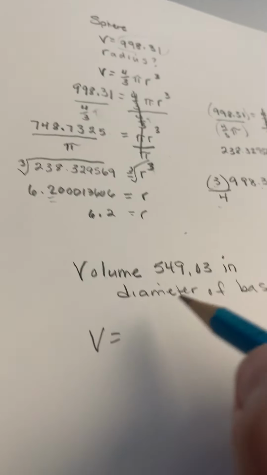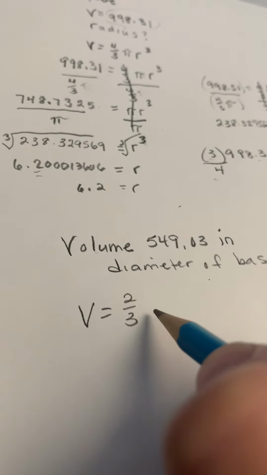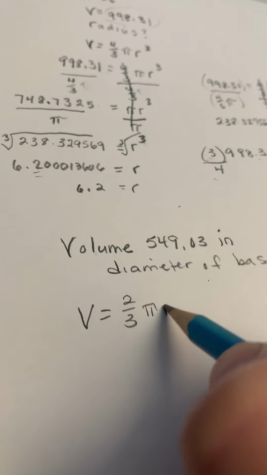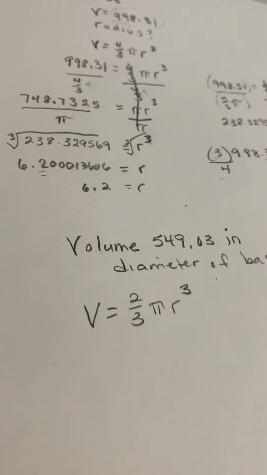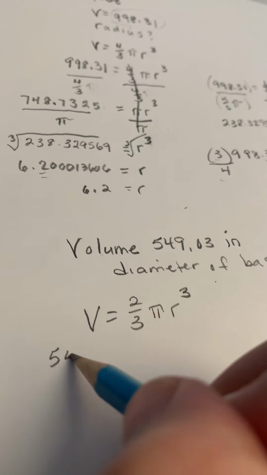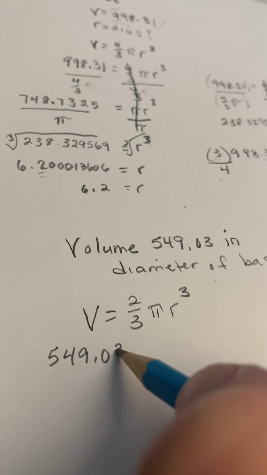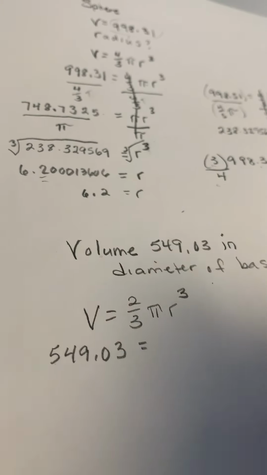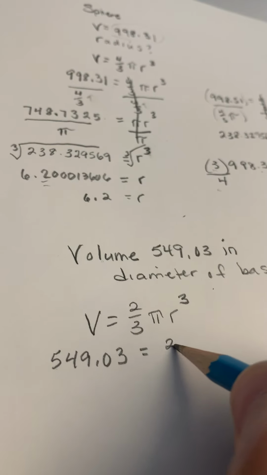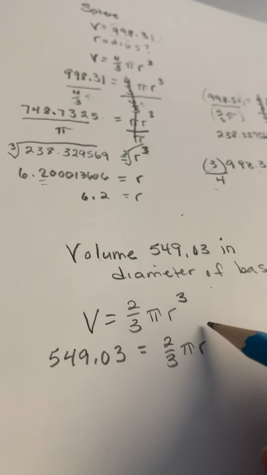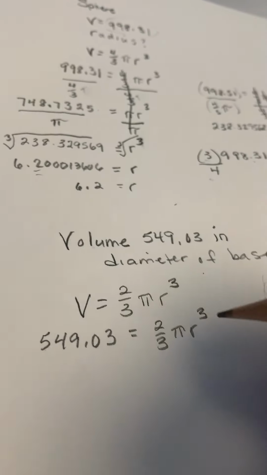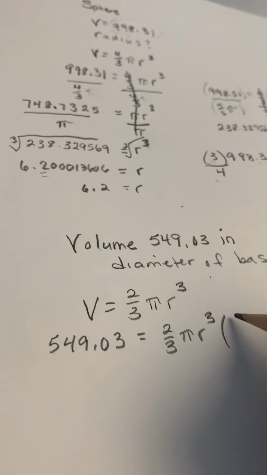They give us the volume. That's 2/3 pi r cubed. The volume they gave us is 549.03. And then you have 2/3 pi r cubed. So this time I'm going to multiply both sides by 3/2.